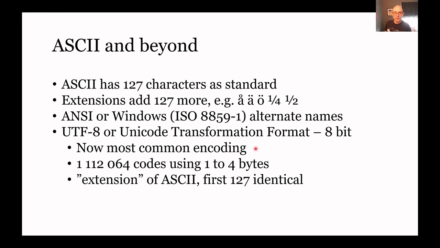But actually, not just the extended ASCII, which is otherwise known as ANSI, but UTF-8 Unicode, which you may recognize as well, or recognize the name at least, is essentially an extension of ASCII, and it is now the most common encoding used in terms of websites and programs and computers. So, but it is in many respects identical to begin with, the first 127 characters, and then there's a lot more happening afterwards, so that we can get these other characters in there.